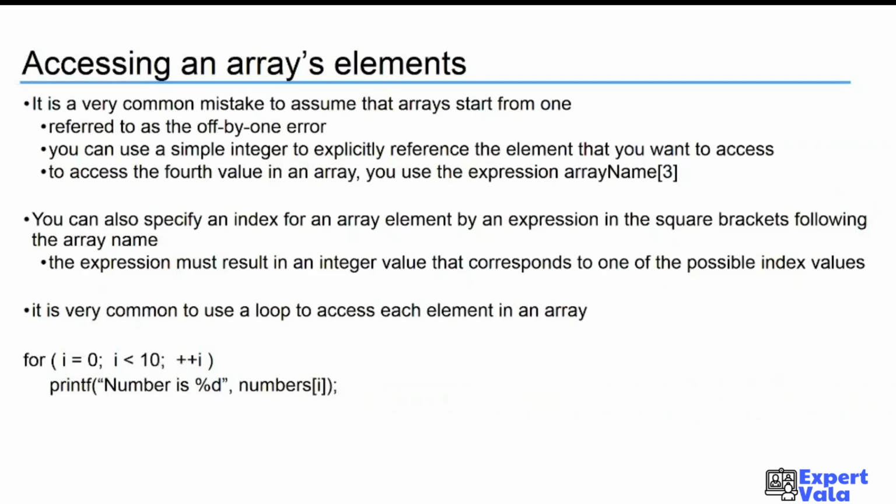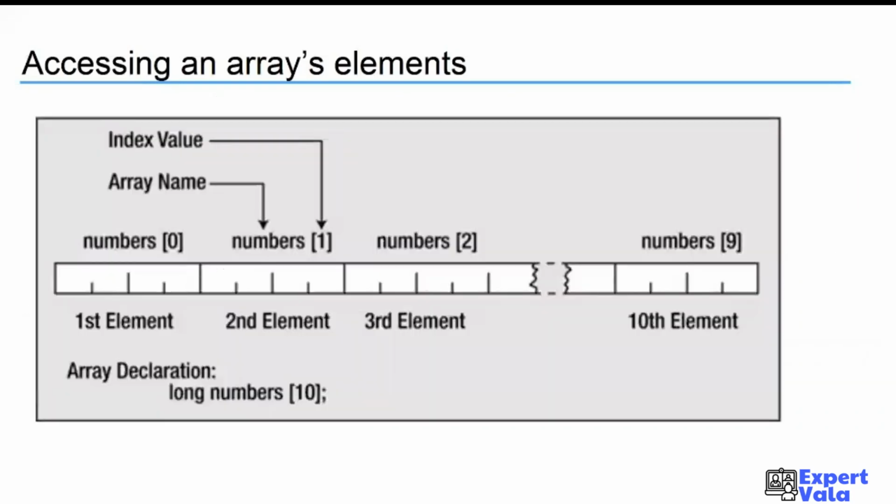You can use a variable in an index expression as long as that variable represents a number from 0 to 9. And in this case, it does. It's very common to use for loops to iterate over an array to either access the elements or write data to those elements.